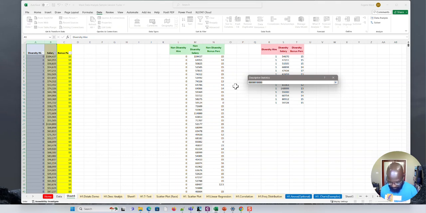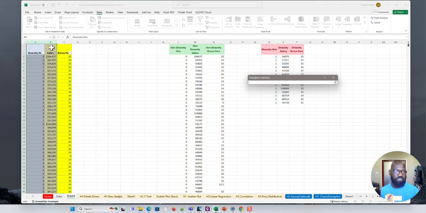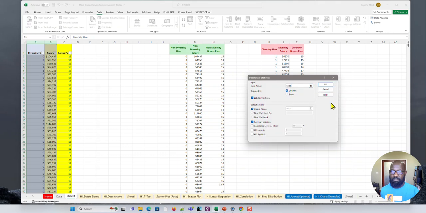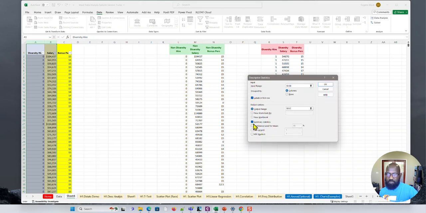Clear this out. Let's try this again. Input range is going to just be B. Okay. And the output range, I'm going to make it E1. Great. I want to do the summary statistics as well.